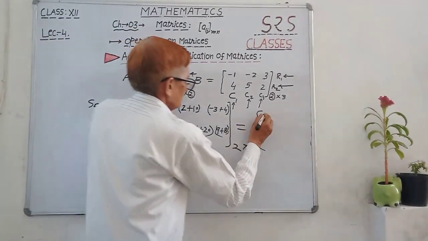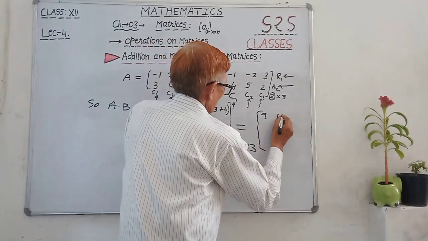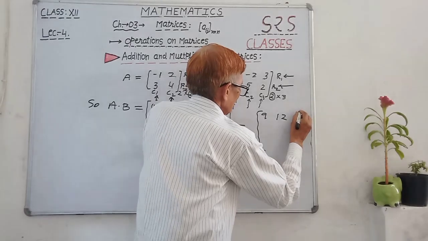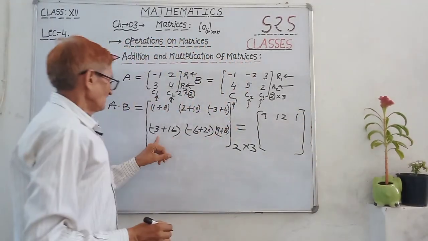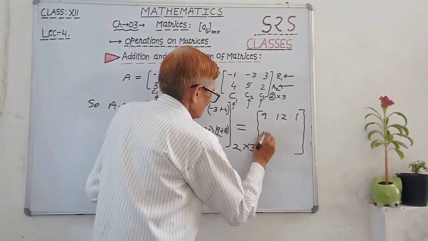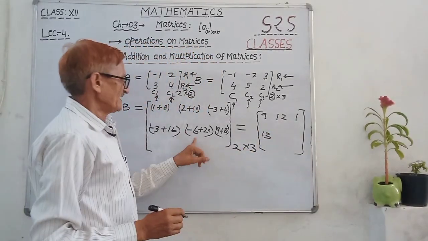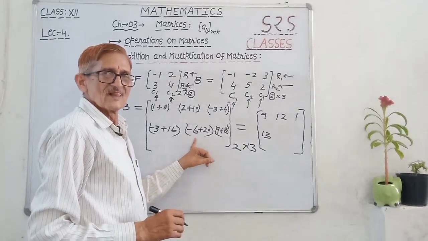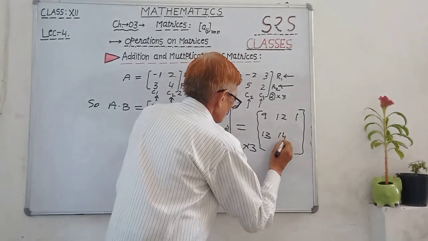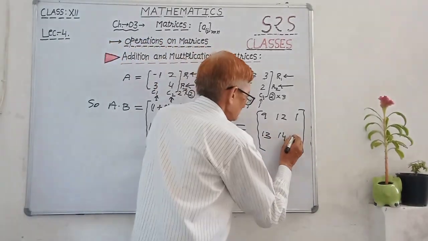So now simplify: 1 plus 8, 9; 2 plus 10, 12; minus 3 plus 4, 1; algebraic sum, minus 3 plus 16, 13; simple, minus 6 plus 20, 14; 9 plus 8, 17.